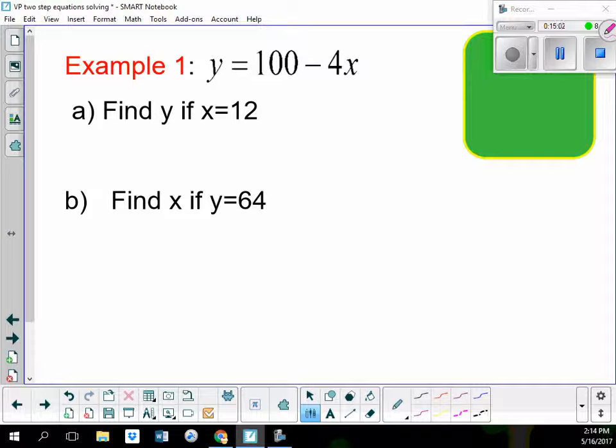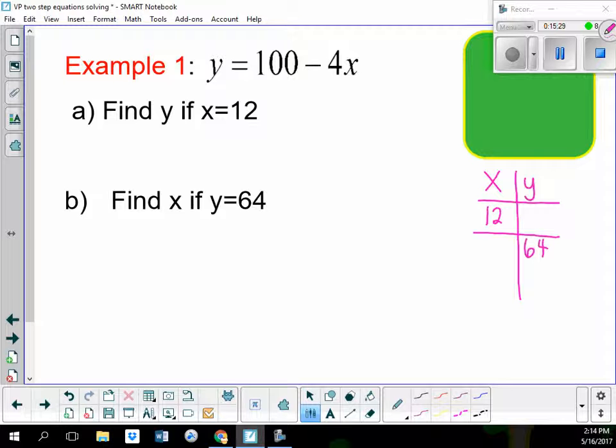So for our first one, this is really awesome, we're just going to use our order of operations. And so we can think of this kind of like a table with X and Y. And for our first problem, they said, okay, when X is 12, what is Y? And then when Y is 64, what is X? Okay.